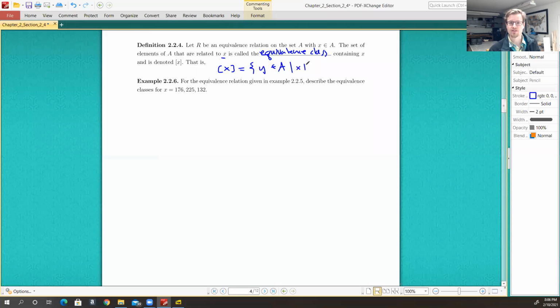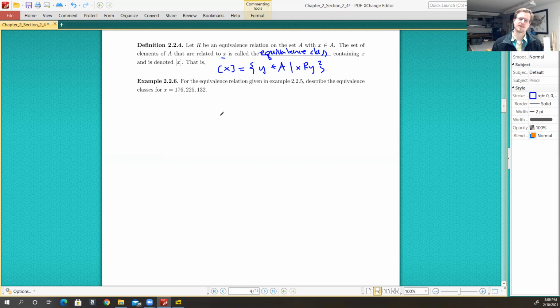So you could say X is related to Y or Y is related to X. Doesn't really matter because it's an equivalence relation. So it's, again, symmetric. All right. So the equivalence class is the collection of things that are all related to one another. If we choose this particular representative, X, then we would say all of the things that are related to X.